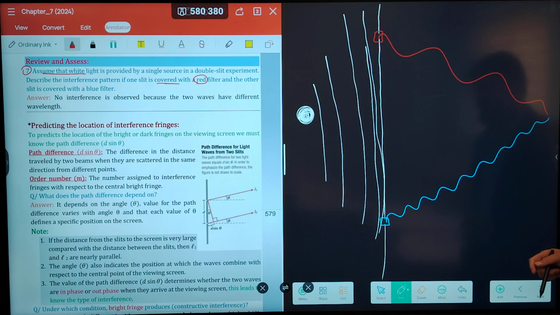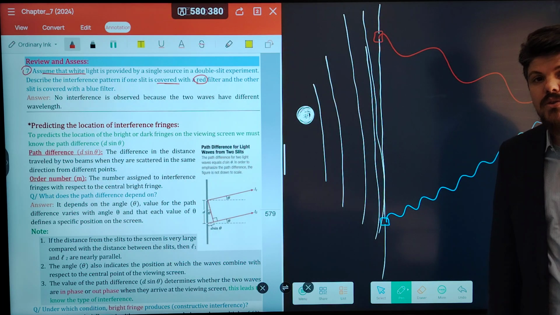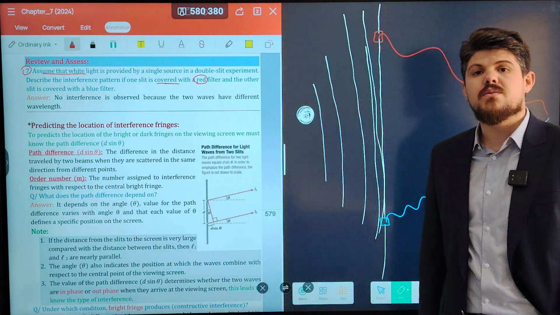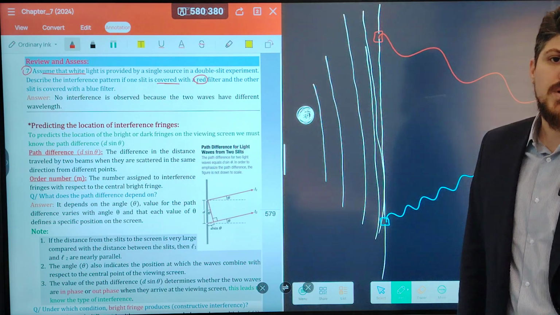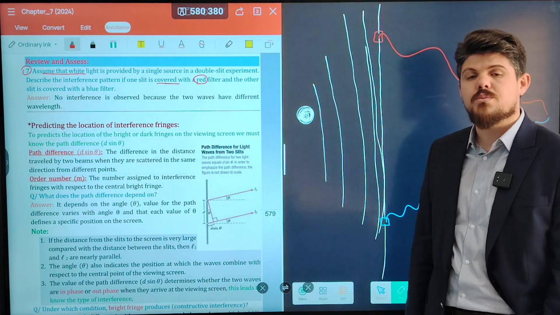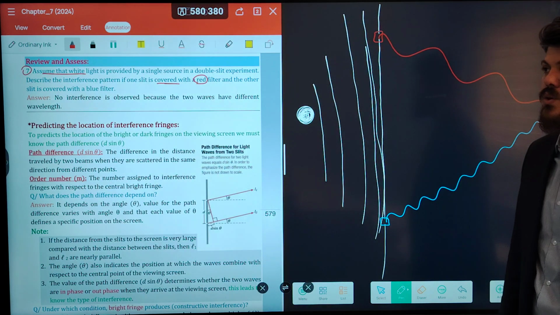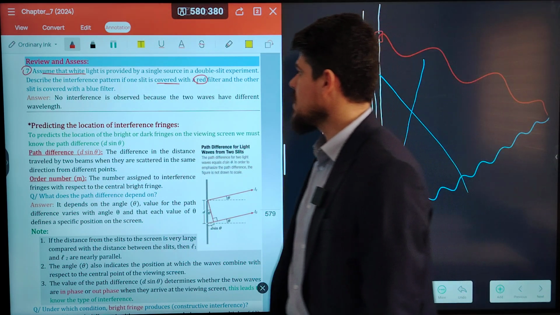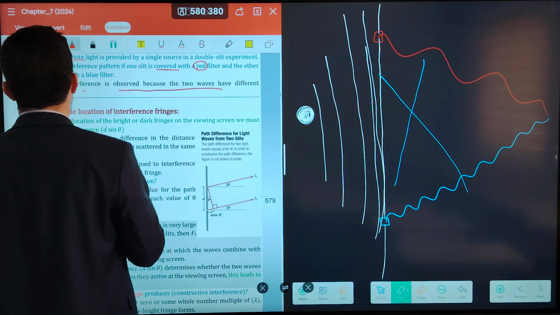So can these two colors interfere with each other? Absolutely not. Why? Because they have different wavelengths. Two different wavelengths can never interfere with each other. The condition for interference to occur between two waves is that the two waves must have the same wavelength, which is the same color. We don't have interference here. No interference is observed because the two waves have different wavelengths.